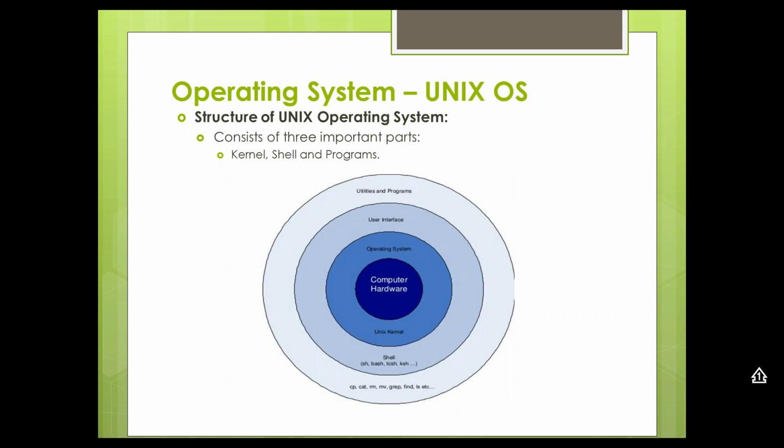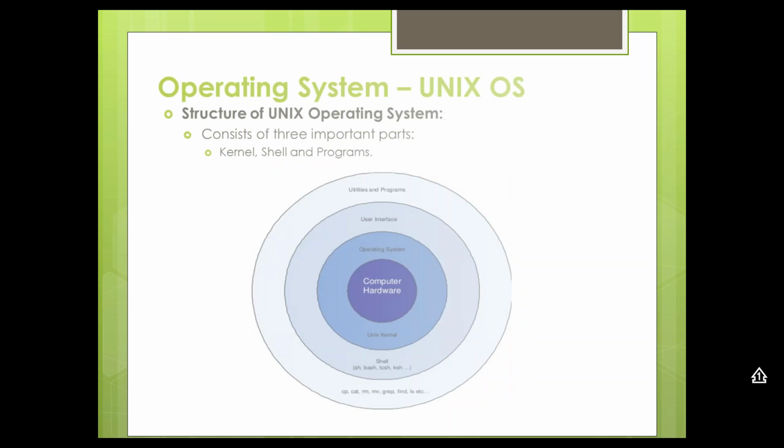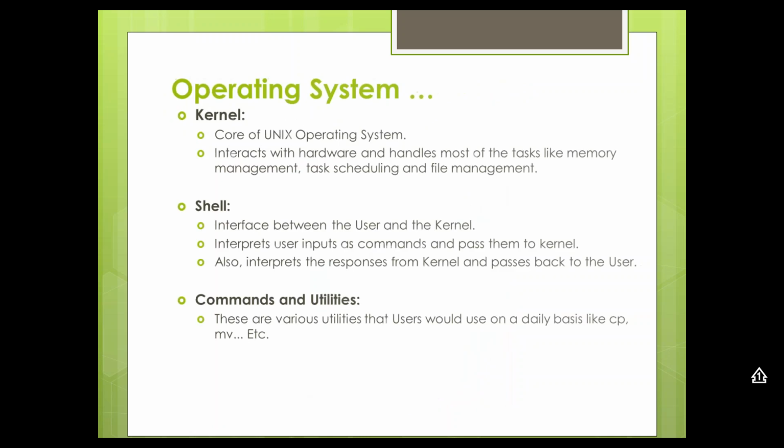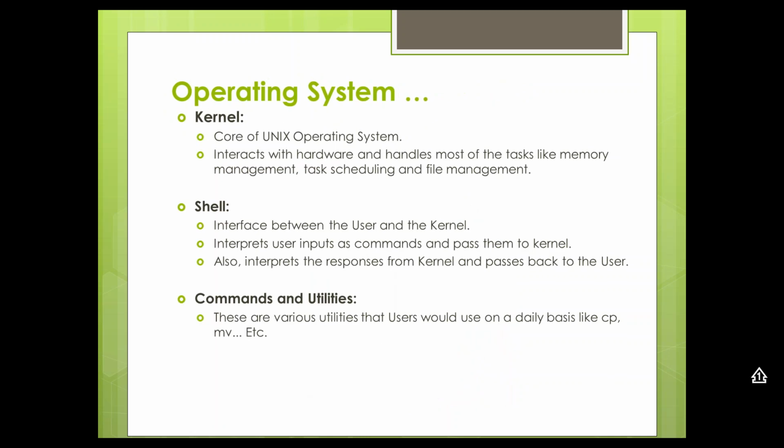So let's start with the kernel. Kernel is the main thing which handles all the hardware related stuff. It is at the core of your operating system, be it Windows or Unix based systems.